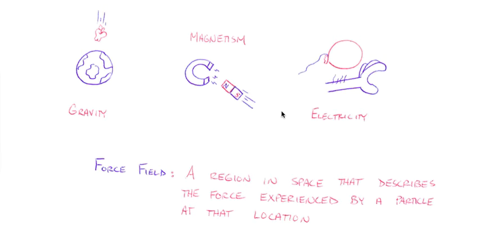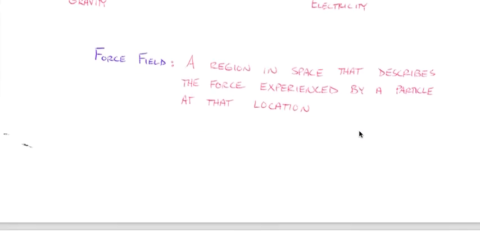So a force field is a region in space that dictates the force or direction an object will be pulled in, whether it's based on gravity, magnetic properties or electrical properties. These objects don't need to touch a second object, but they can somehow exert a force over a certain distance. It's kind of freaky when you think about it, especially, as I said before, because we don't really understand how all of that works.